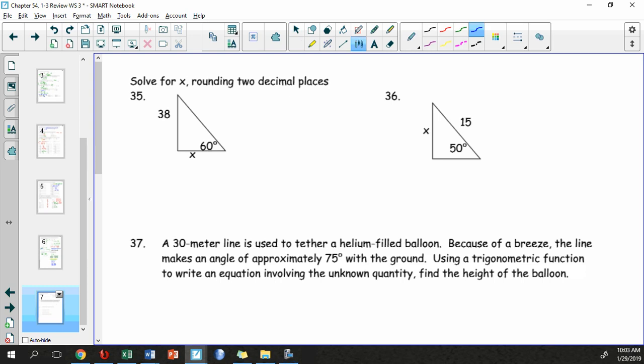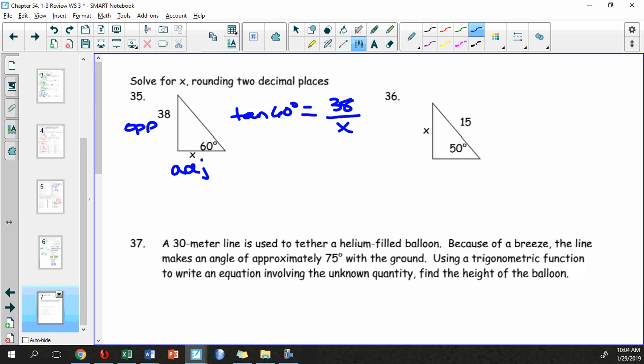According to 60 degrees, what is 38 in the triangle for SOHCAHTOA? It's opposite. According to 60 degrees in the triangle, what is x? Adjacent. What trig function deals with opposite and adjacent? So the tangent of 60 degrees, which is just a number, is equal to my opposite leg of 38 divided by my adjacent leg of x.